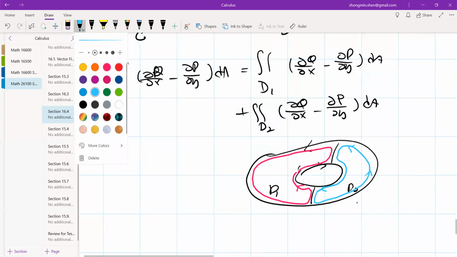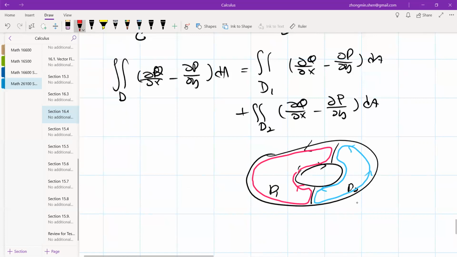Let's look at the first one. We already denoted, this is our notation, this is a curve C1.